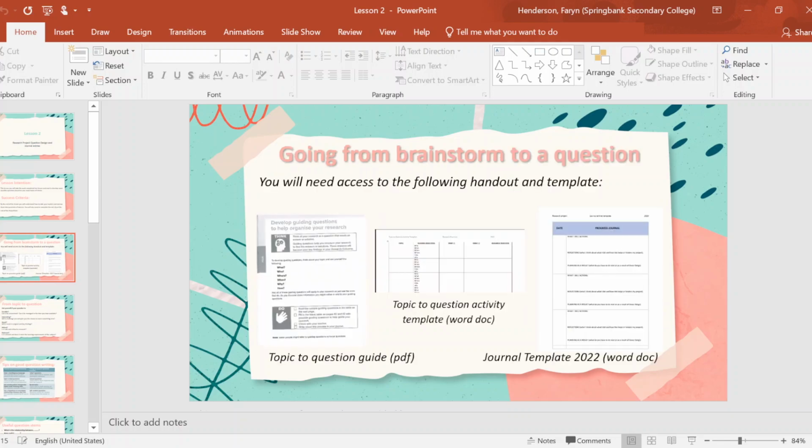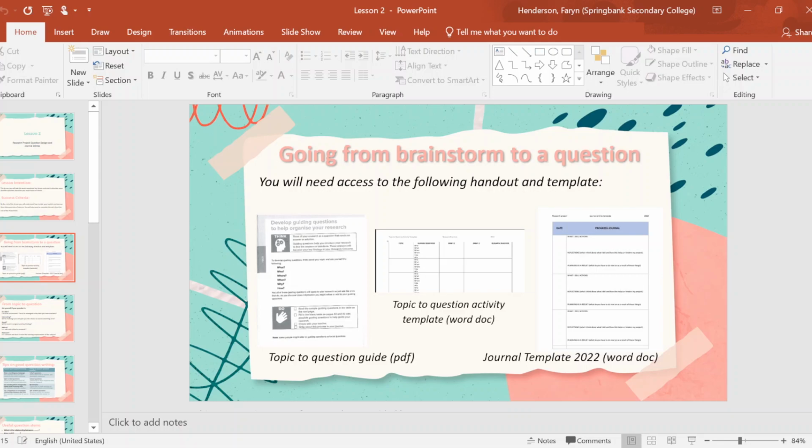Okay, so the handouts you will require: there's a PDF and 2 Word documents. The PDF is the topic to question guide. This PDF goes through in quite a lot of detail and gives examples of how to go through all those topics, look at different ways of looking at them, and how to write the question.